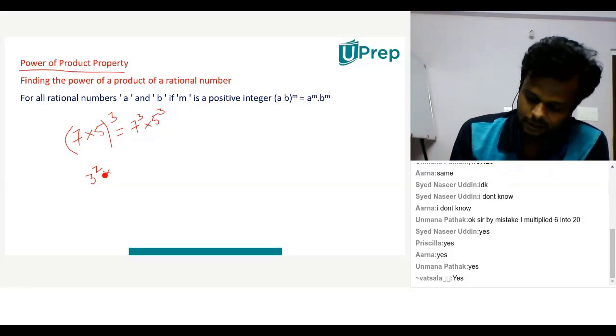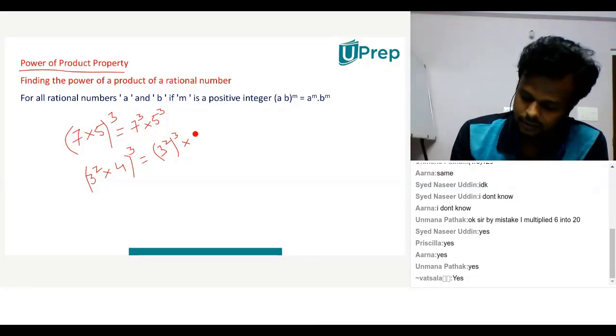Suppose I have another number, (3 square into 4) whole cube. Now how do I write this? I write (3 square) to the power 3 into 4 cube.